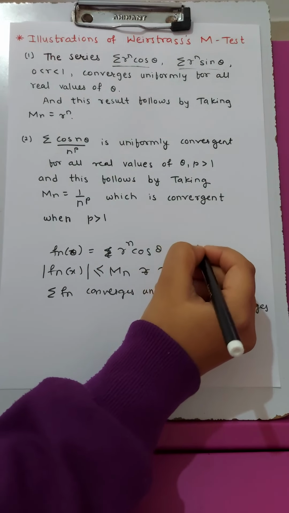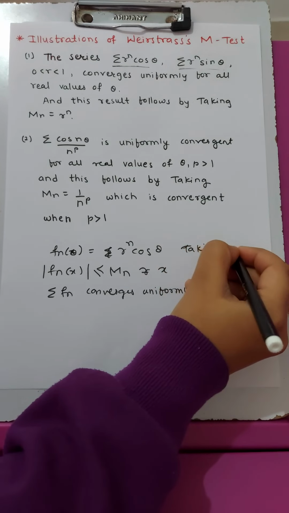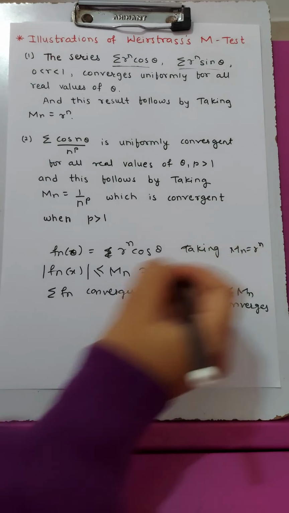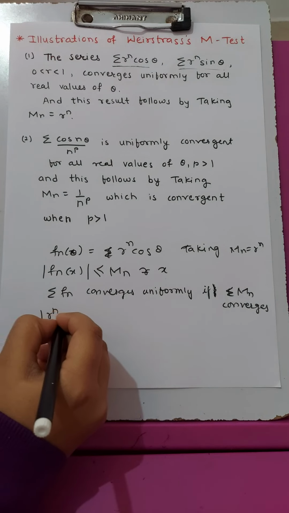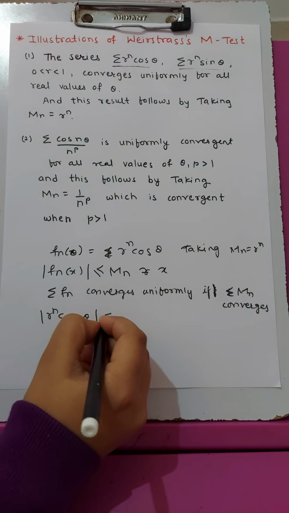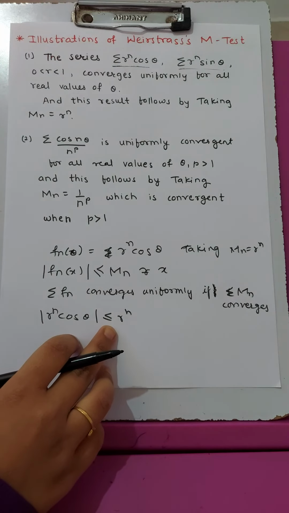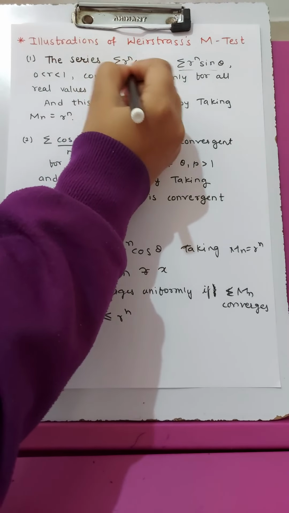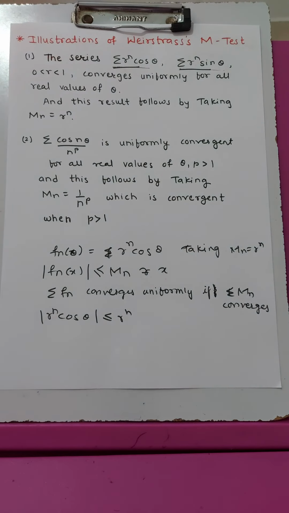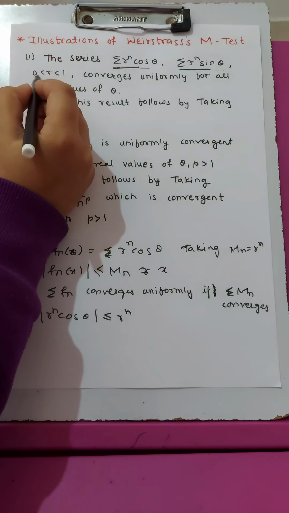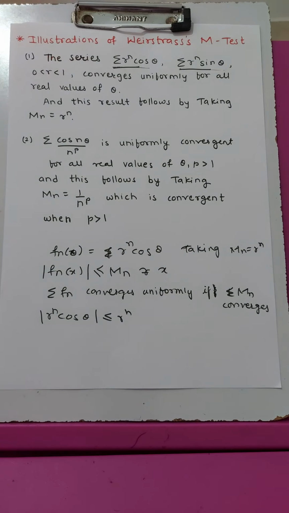Taking Mn equal to r to the power n, mod of Rn cos theta will be less than r to the power n, and so by the Weierstrass M test these two series will be uniformly convergent where r is greater than 0 and less than 1, and for all real values of theta.